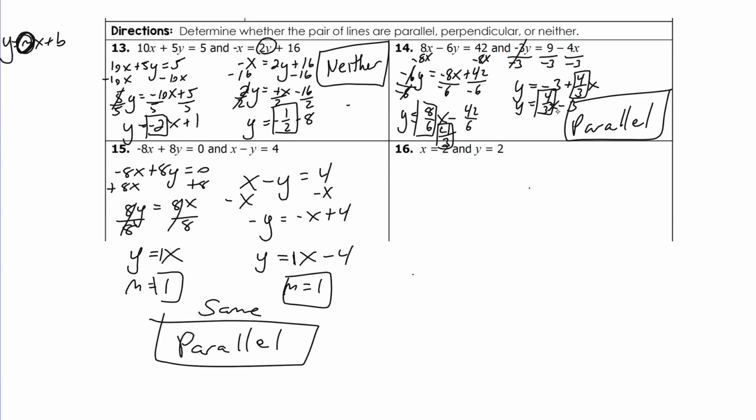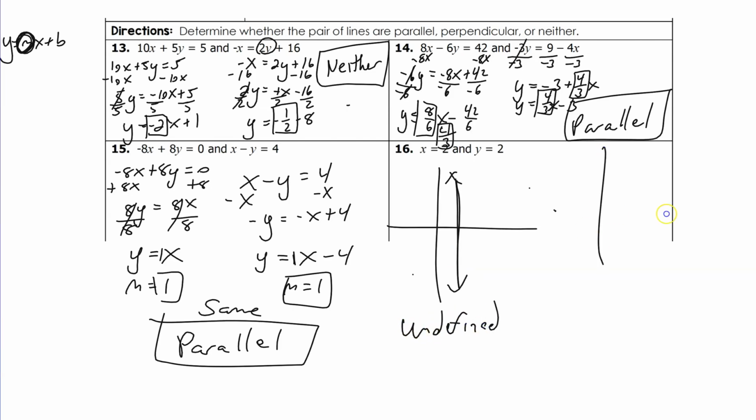So x equals 2, y equals 2. So the slope of this line, well, x equals 2 when you think about it, right? That's going to be this line here. This is undefined. And what about this line that goes y equals 2, goes this way?